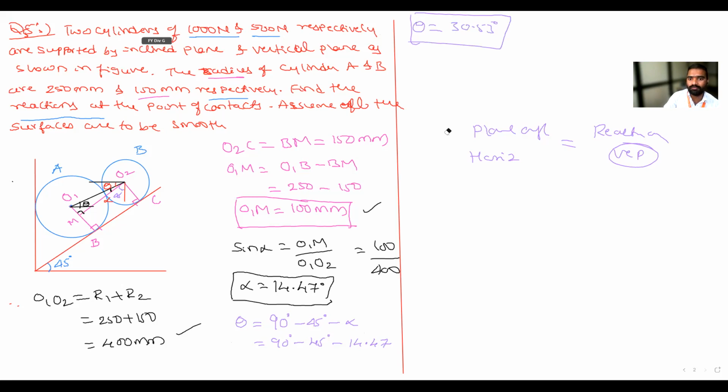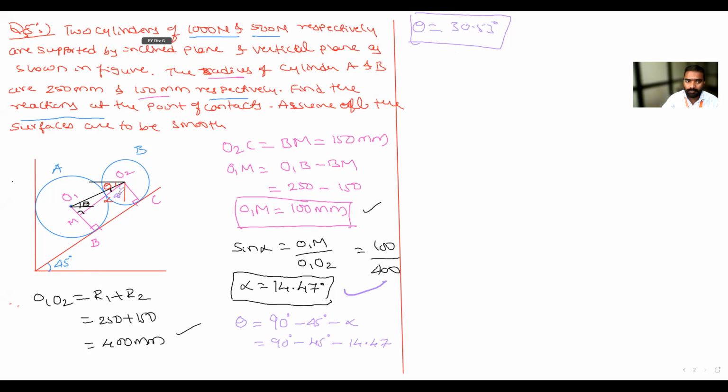You have to take this one for the calculation. Whenever the cylinders are the same, the theta will be the same as the plane angle. Whenever there is a difference in the cylinders, you have to calculate the theta value. This is a small trick you have to follow. First, make a rectangle, then from it make a triangle, and from that you need the base and hypotenuse to calculate sin alpha.